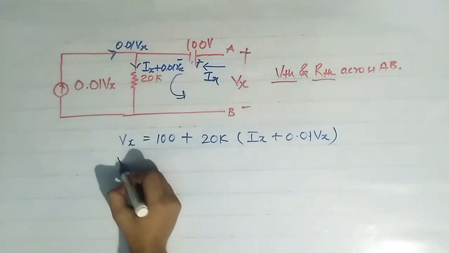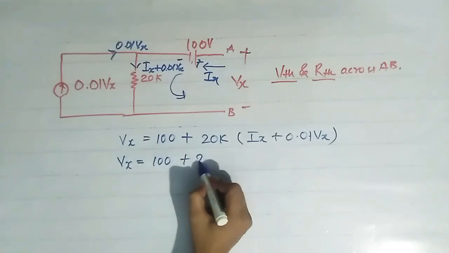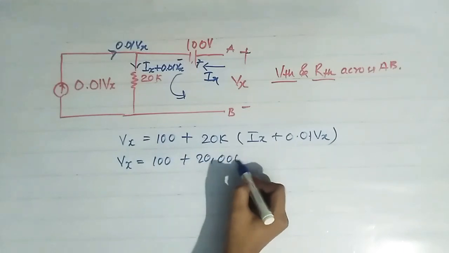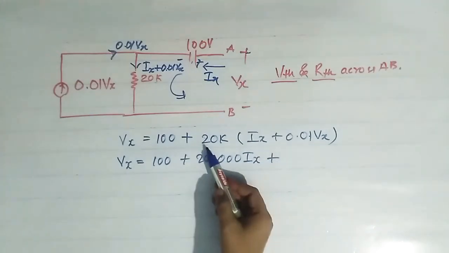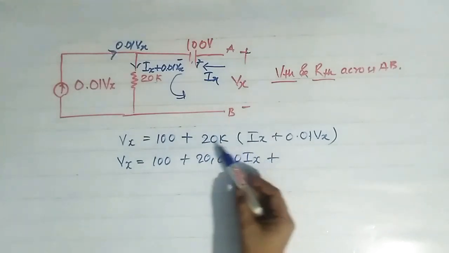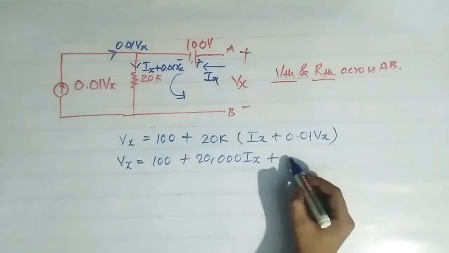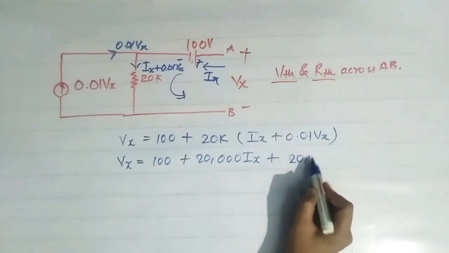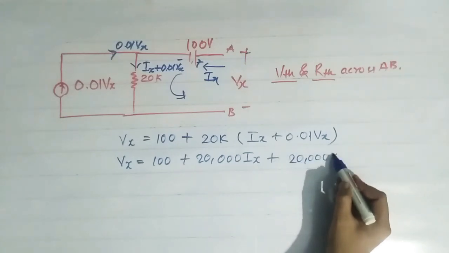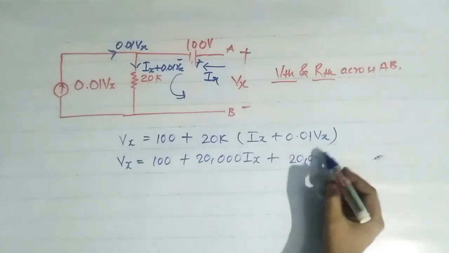So we can write Vx is equal to 100 plus 20,000 Ix plus, if we multiply this, 20,000 into 0.01, it means 200 Vx.